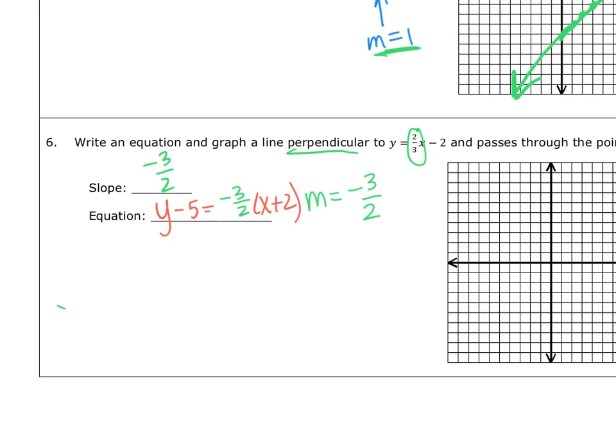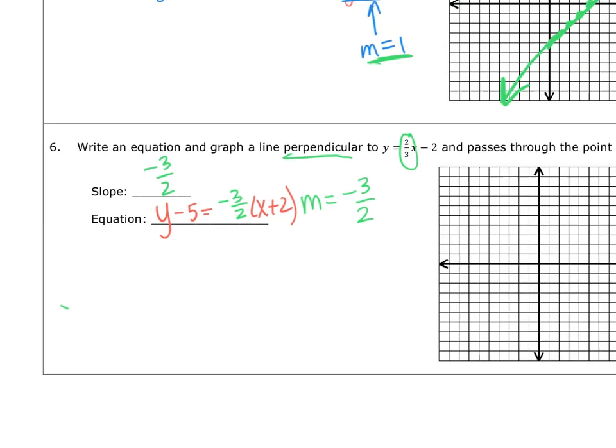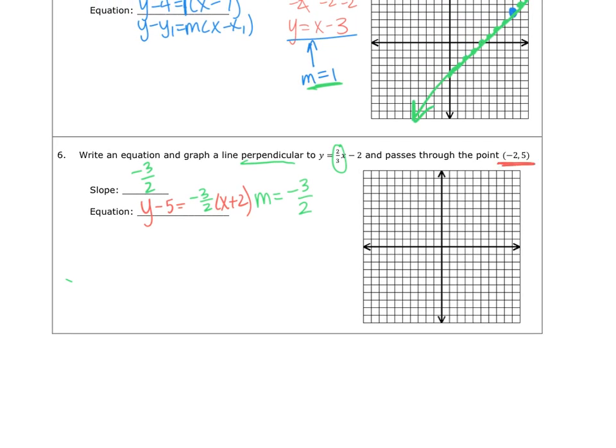And remember, what I can do is plot this point first, -2, 5, and then use my slope of down 3, right 2, down 3, right 2 to get the rest of that line. Alternatively, I could solve that point slope equation for y and then graph in slope intercept form instead.